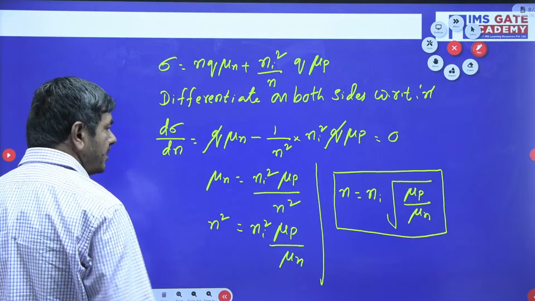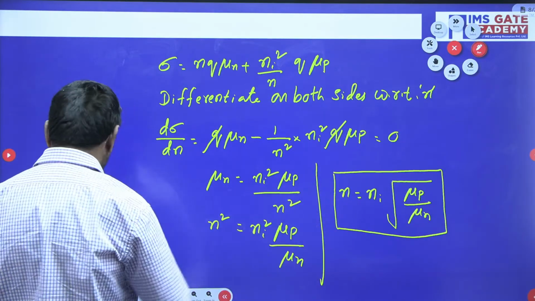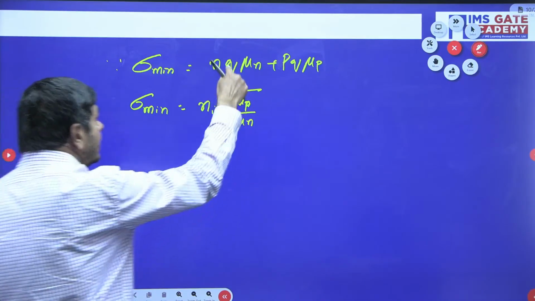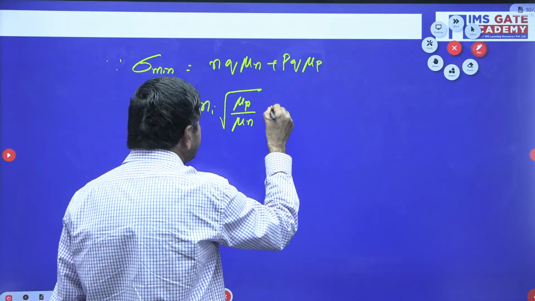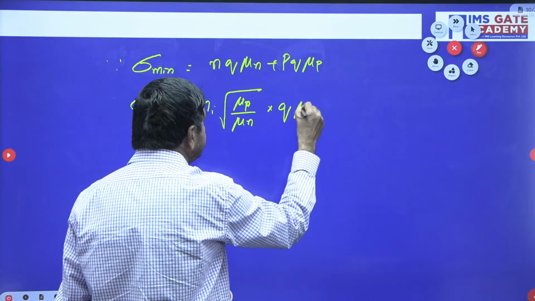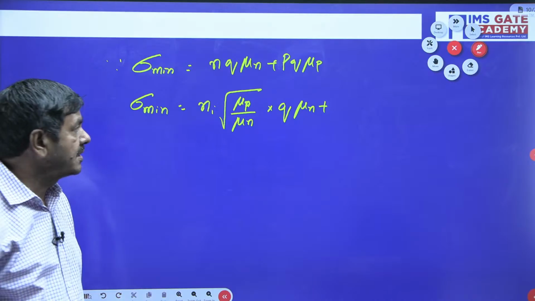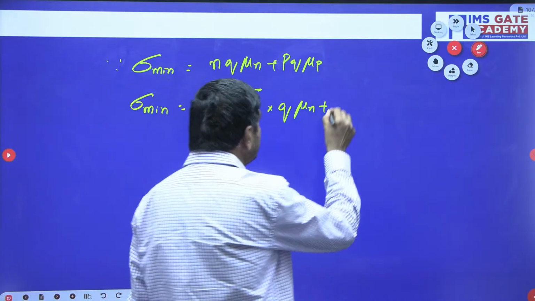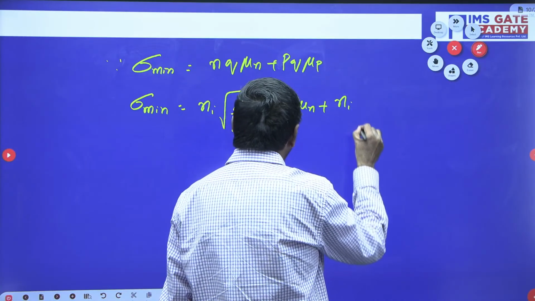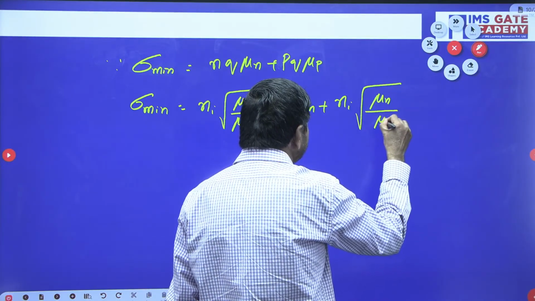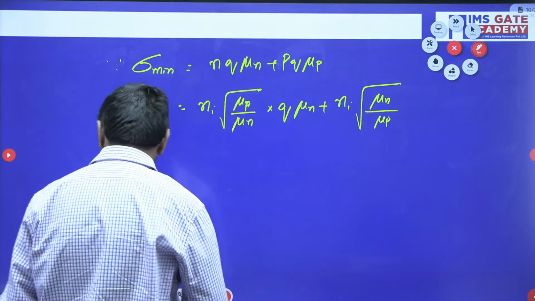Concentration of electrons equal to ni into under root of mu p by mu n. This q into mu n is taken as it is. Plus concentration of holes I gave already, ni into under root of mu n by mu p. If you want, you can check.